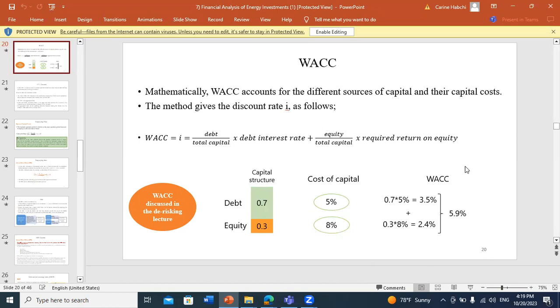And overall, the WACC will be a combination of these two. So here it's 70% times 5% plus 30% times 8%. And if I want to compare two projects, I should first calculate the internal rate of return for the two, because it will help me take my decision.